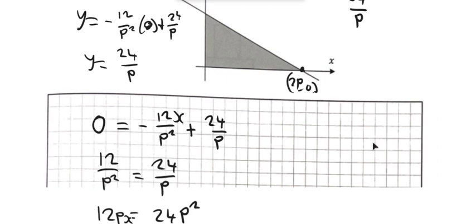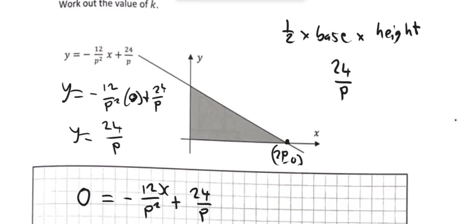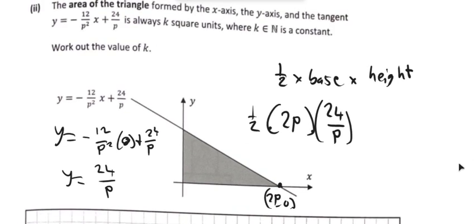So therefore our base, oh no, I mixed them up. So base is 2p and height is 24 over p. So we're just multiplying those things together. So half times 2p times 24 over p.